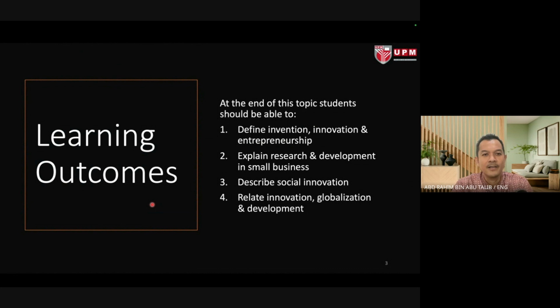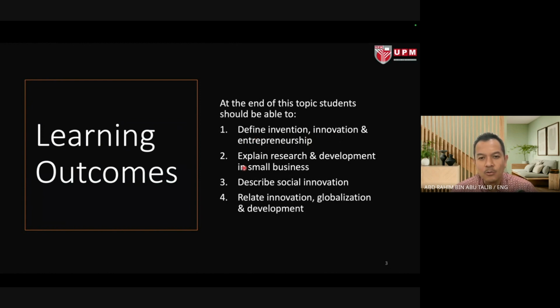Right. In terms of the learning outcomes, basically learning outcomes are the promise, meaning that these are the things that you as a student should be able to do or to perform. The first one is that you are going to be able to define invention, innovation, as well as entrepreneurship.